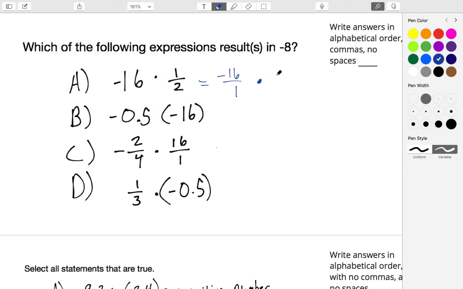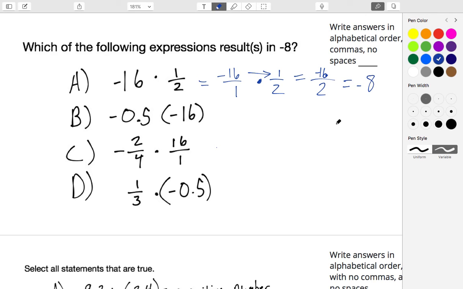We're going to multiply by 1 over 2. Okay, what is negative 16 times 1? Negative 16. What is 1 times 2? 2. Okay? So, Luke, 2 goes into negative 16 how many times?